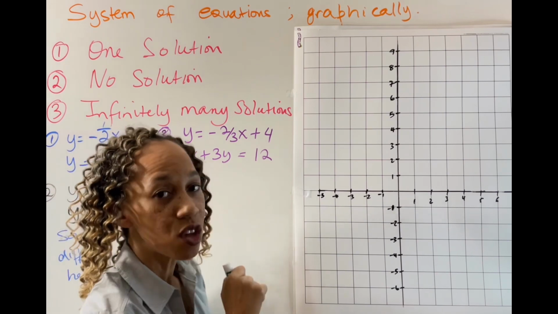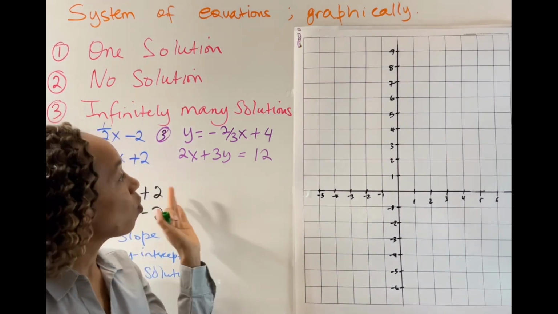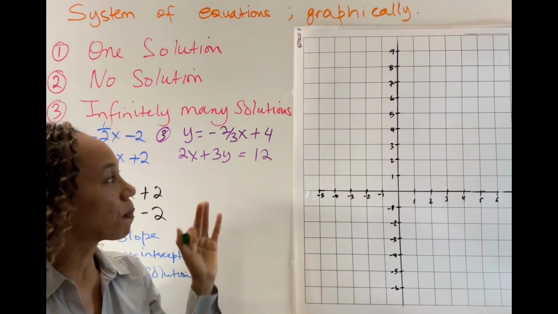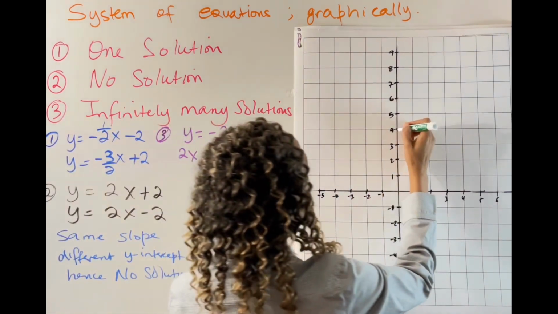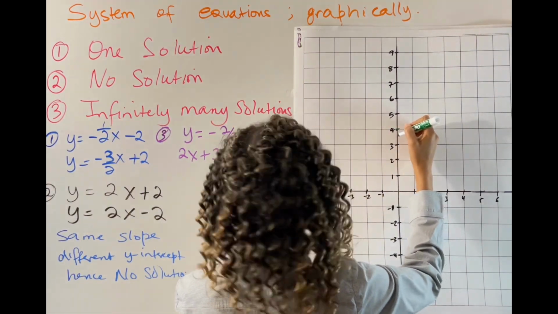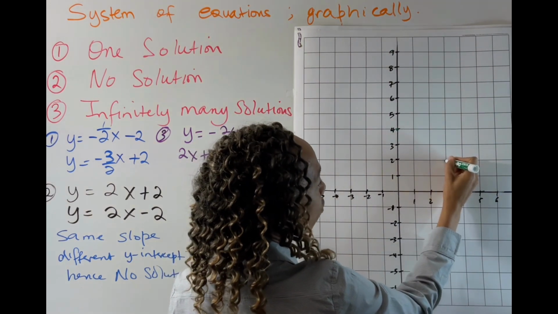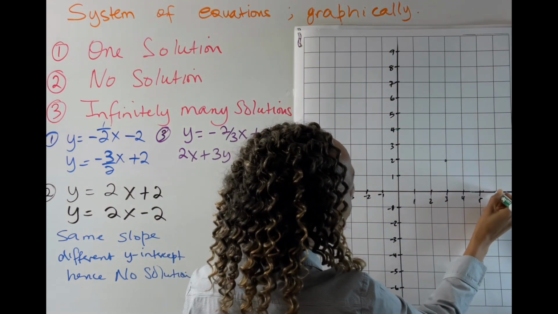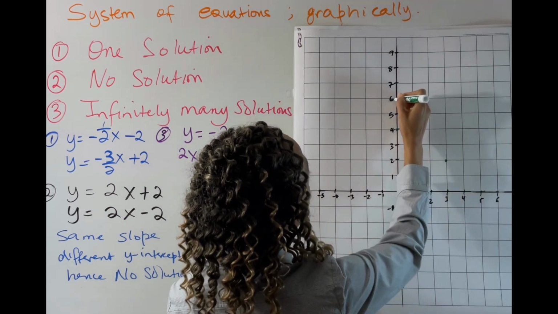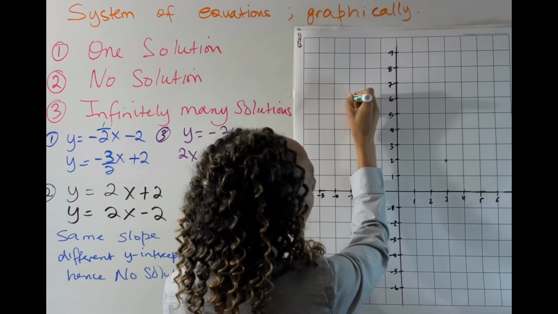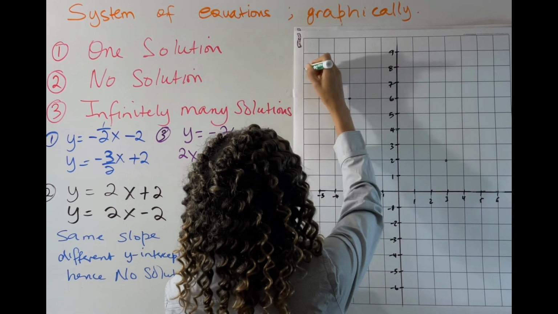We are going to start with the first equation. It is y equals negative 2/3 x plus 4. We are going to start at 4, which is our b, and our slope is negative 2 over 3. So we're going to go down 2, to the left 3, or we are going to go up 2, to the right 3.